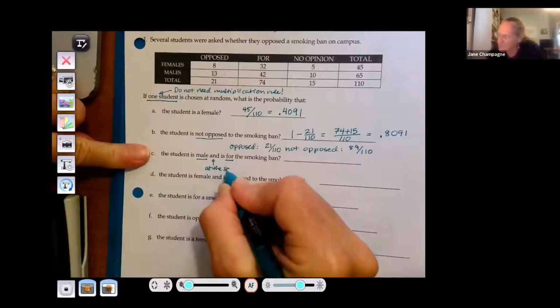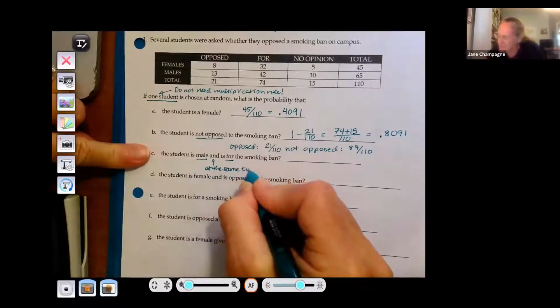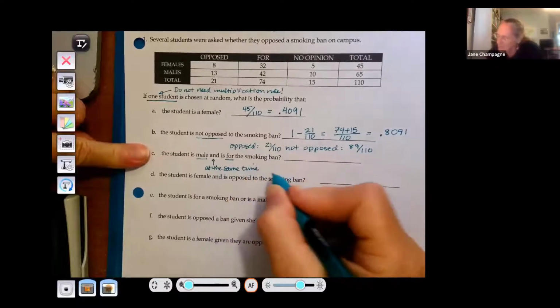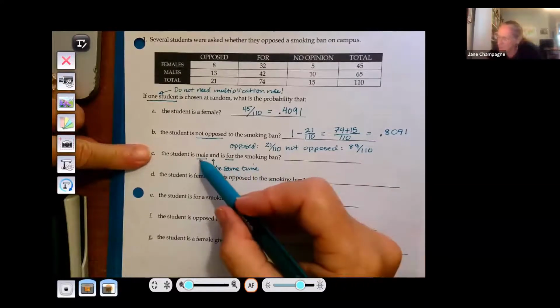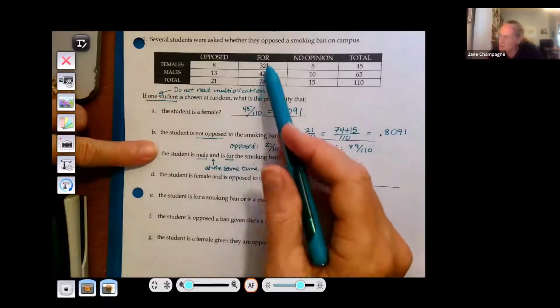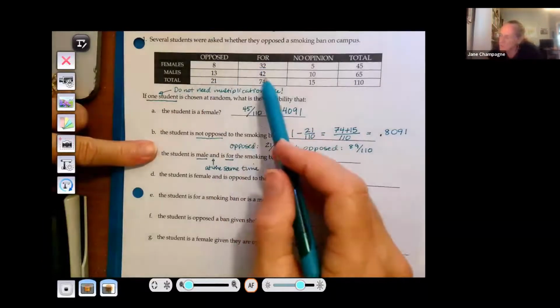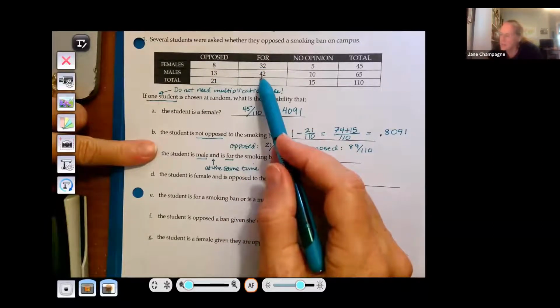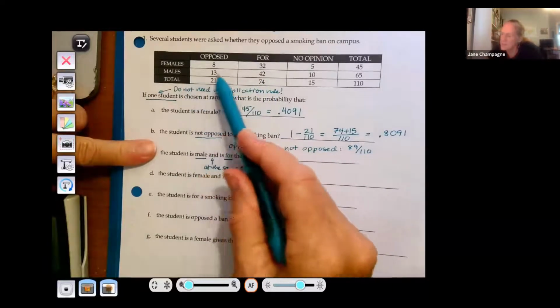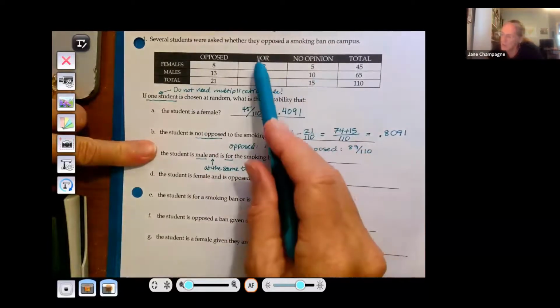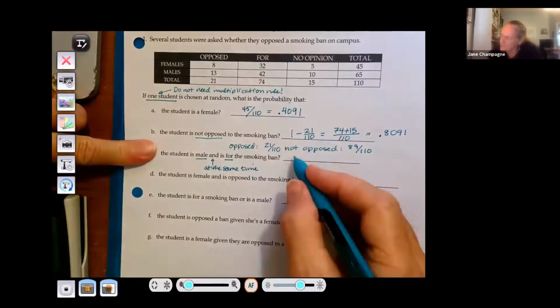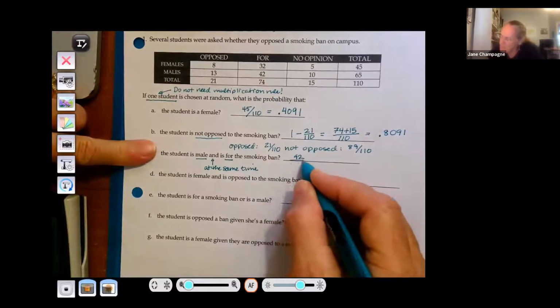So we can just use the definition of probability, which says, you know, well, how many are both male and for the smoking ban? And that's that 42 right there that are in the male row and the for column. So 42 out of the 110.